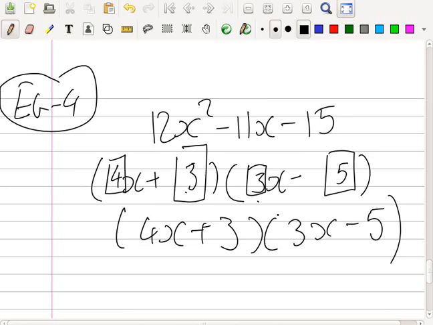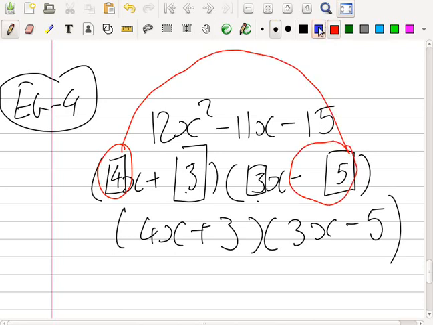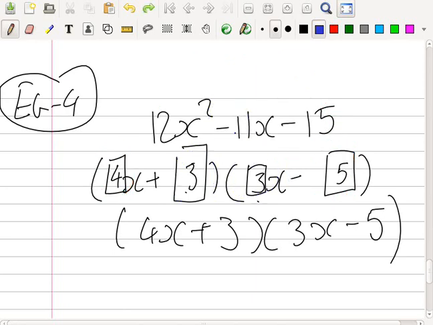What numbers do we have to collect to get 11? The outer numbers plus the inner numbers. So you do this times this plus this times this. Outer plus inner. Okay, write that example down, please.